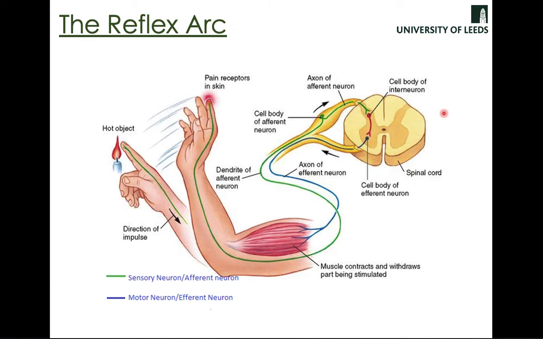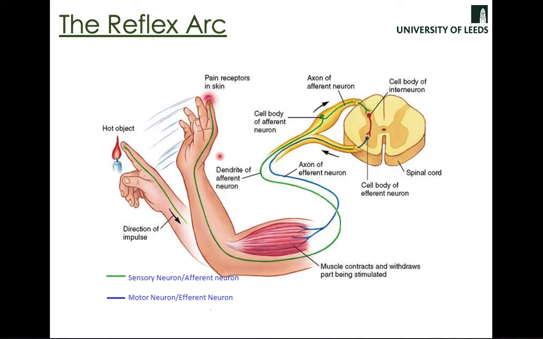So you may be aware that if you touch a hot object, in this case some fire, there's really no time for that information to be sent to your consciousness and for your brain to say that you're touching a hot object, this is dangerous, I'm going to send a response all the way back down to the tip of my finger and remove my arm from there. No time for that. So a quick response needs to happen, and that quick response is going to happen at the level of the spinal cord at what we know as a reflex arc.